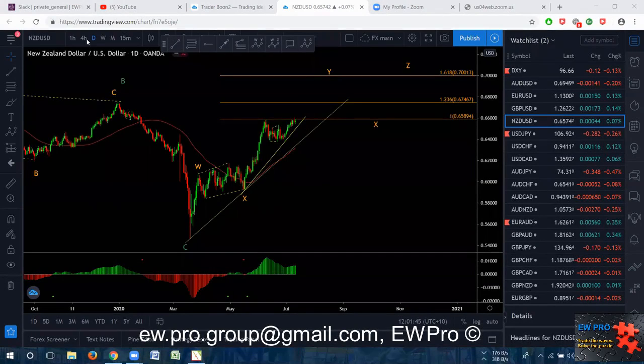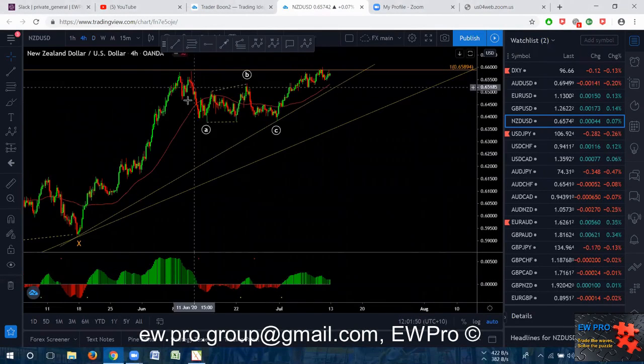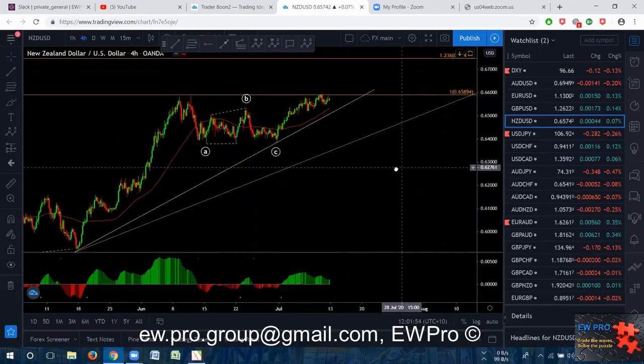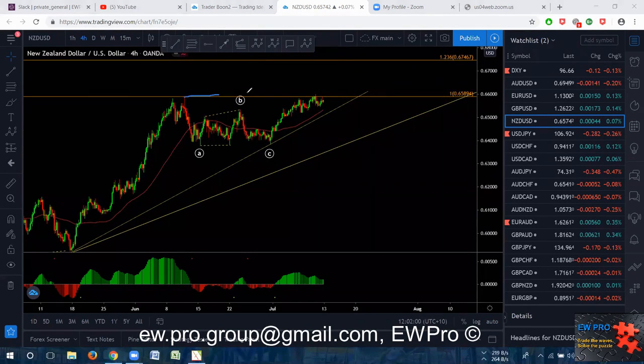We go down to the H4. We had a nice correction in here, but like the AU, this one broke the top, but we can't rule out that this is a flat correction in here for an A, B, C before we get that larger move up.